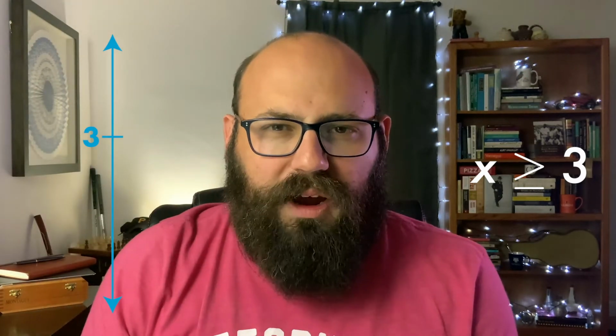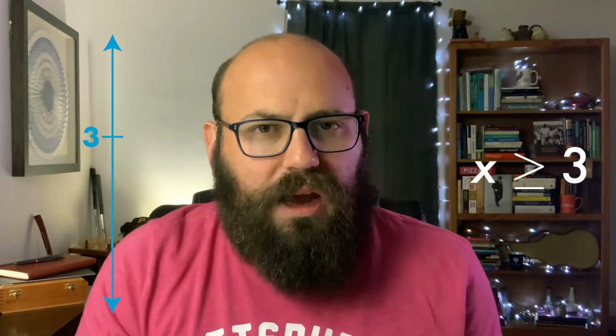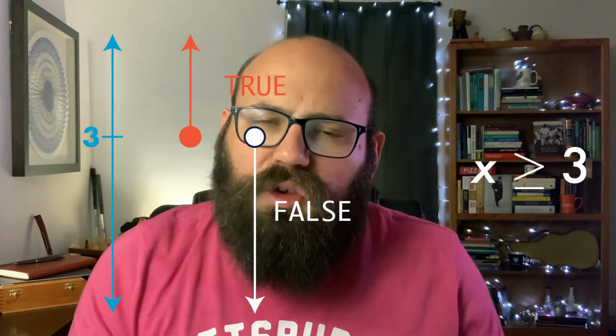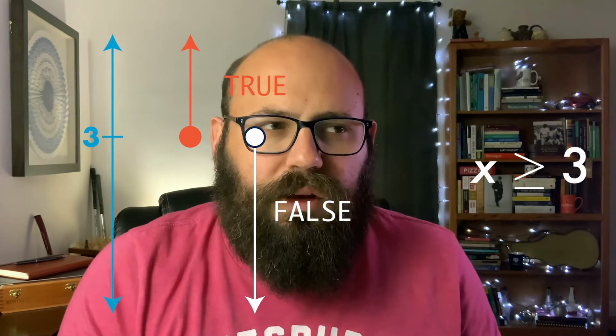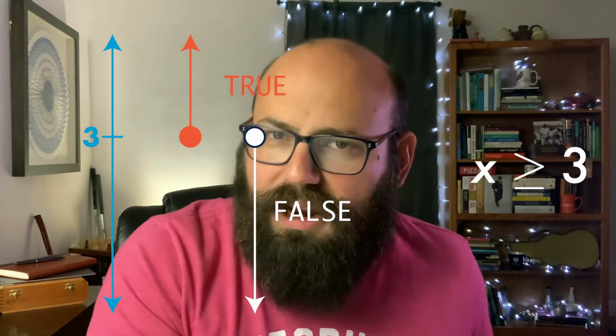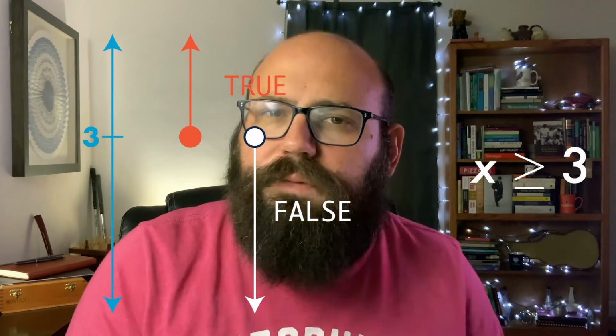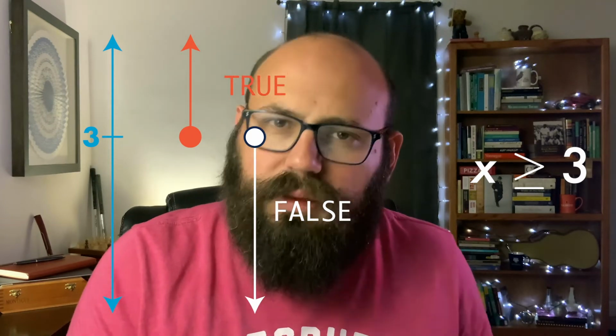So x is greater than or equal to 3 is a statement, and in fact it's like an entire infinite continuum of statements, right? For any x that you gave it, you'd know whether it evaluated true or false. It's a property of the numbers that you can't simultaneously be greater than or equal to something and less than it, right? So it either evaluates to true or false. There's no confusion when we think about the real numbers like that.